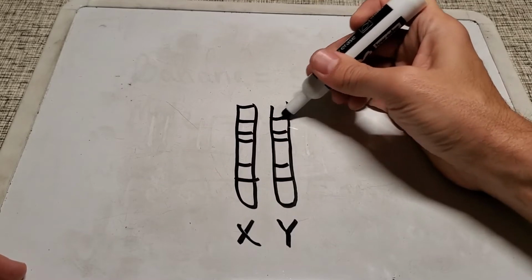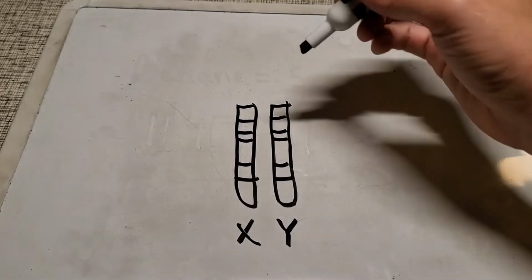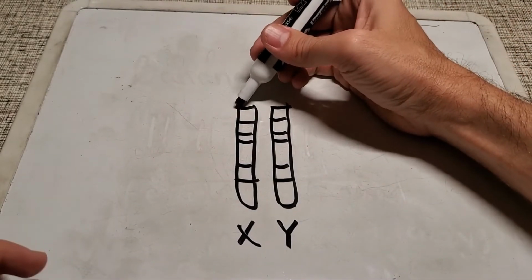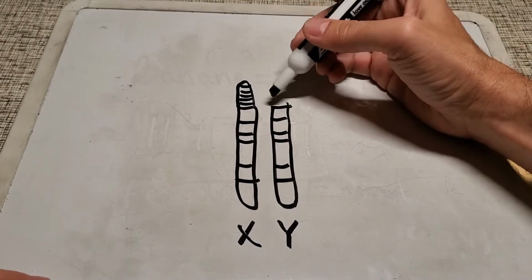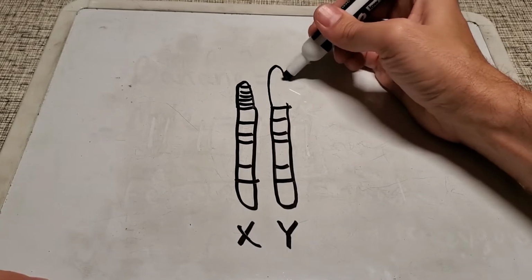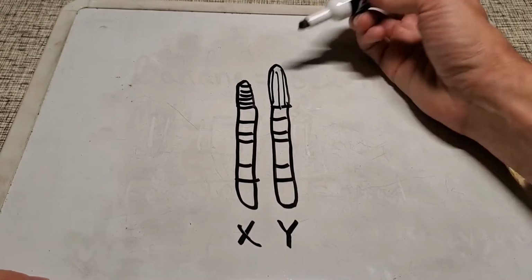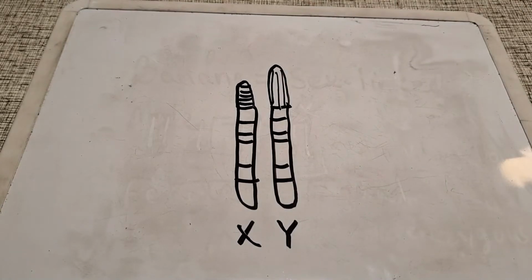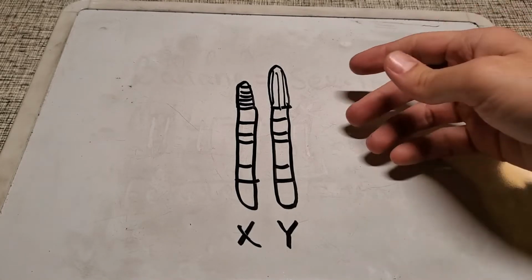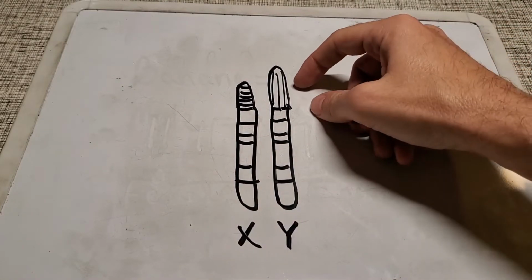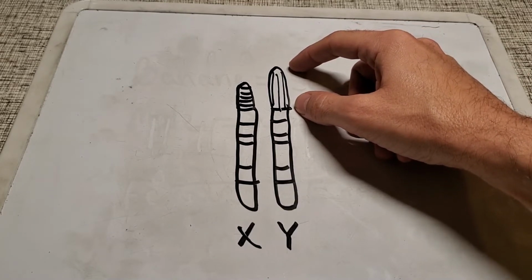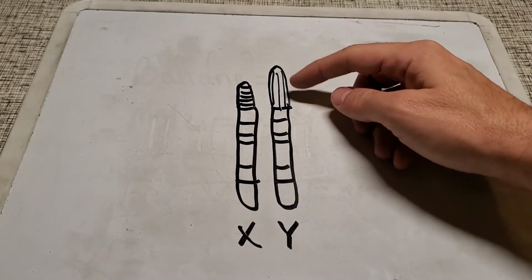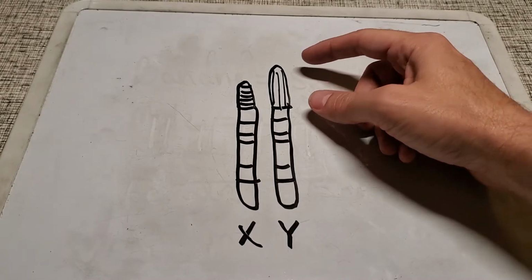Up until a certain point. At that point, the X chromosome has its own set of stuff, and the Y chromosome has its own set of stuff. Okay? So this out here is going to control things that make things specifically male.